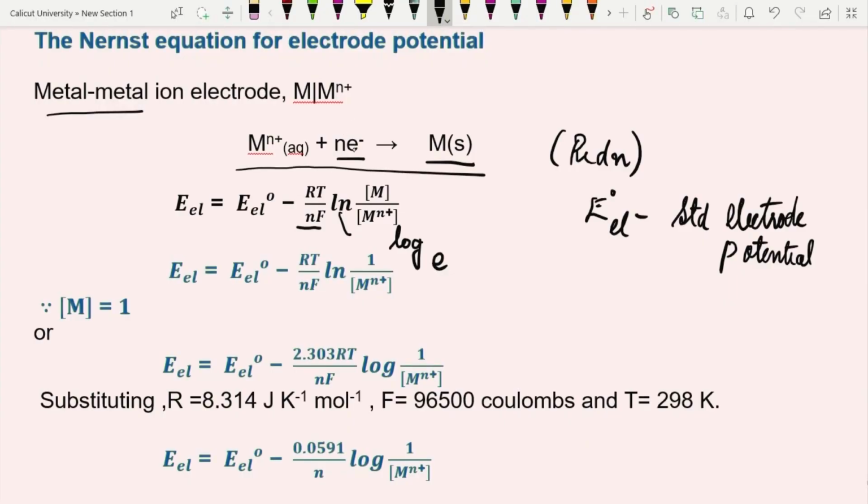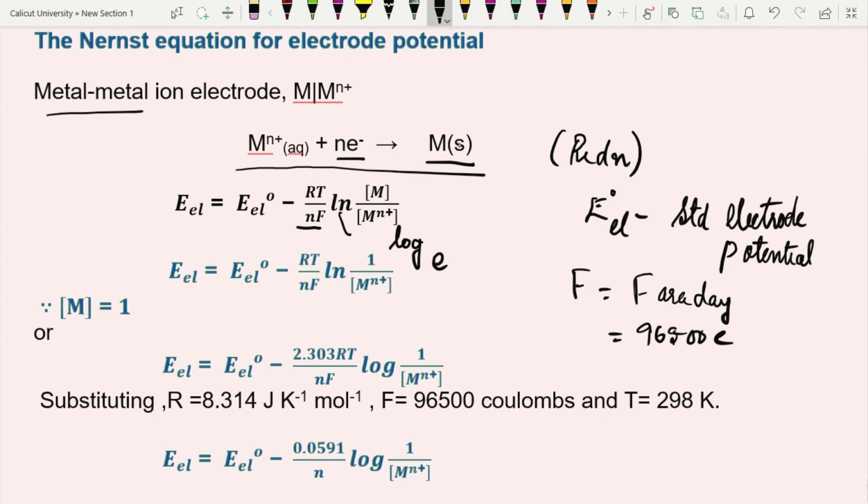You have seen that in this electrode reaction we have n electrons involved for the reduction of that metal ion. And F, capital F, is known as Faraday, which is equal to 96,500 coulombs.